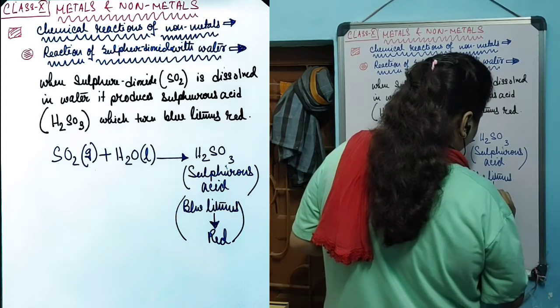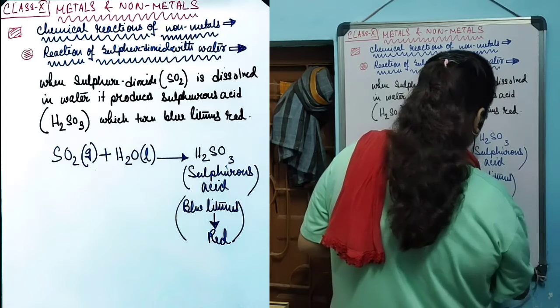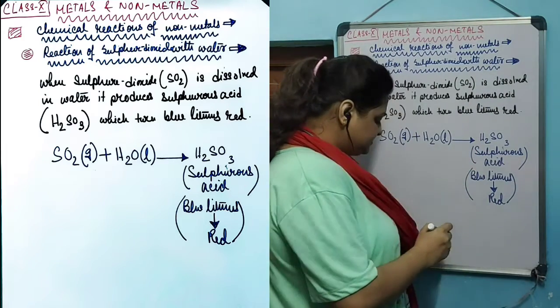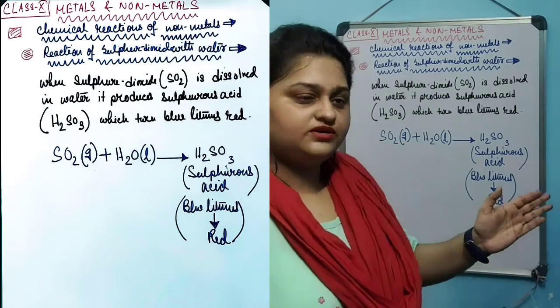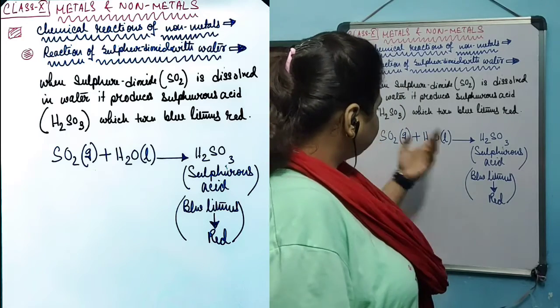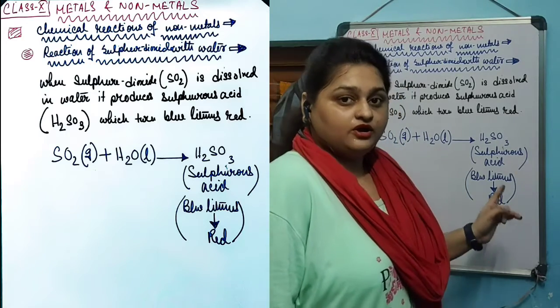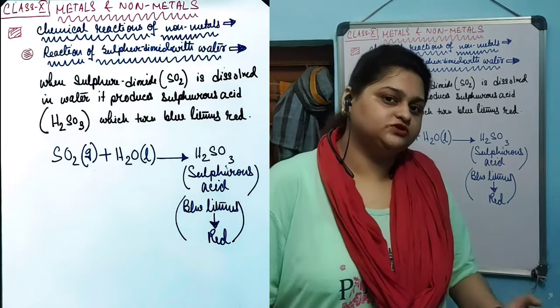It turns blue litmus paper red. This is the proof of the solution's acidity. So the aqueous solution of SO2 is acidic in nature because when it is treated with blue litmus paper, the blue litmus paper turns red.